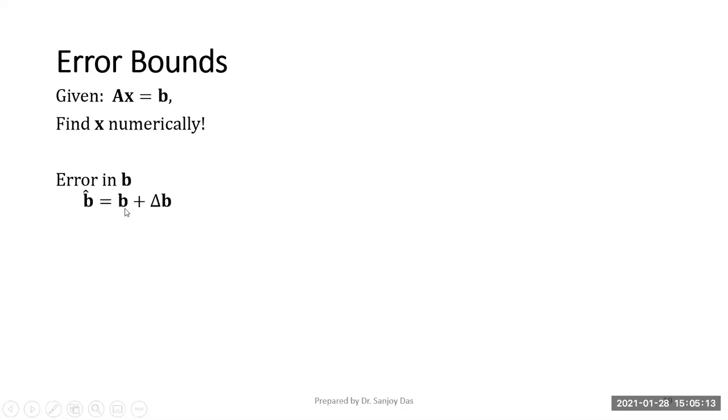Otherwise, it could be due to round off or truncation errors in the computing itself, that introduces errors too. So in that case, we don't have the exact value of B. We have B hat, which is B plus delta B. But our goal is to find X.